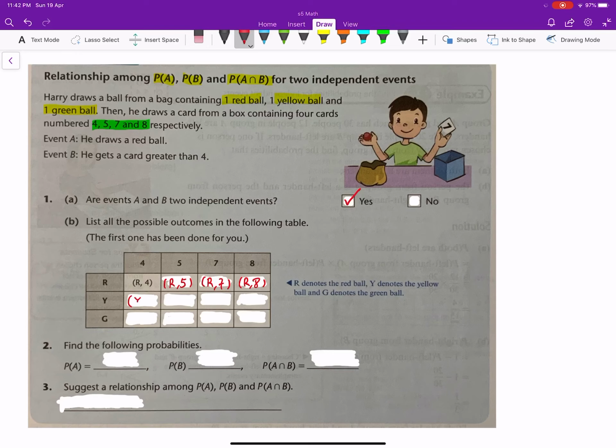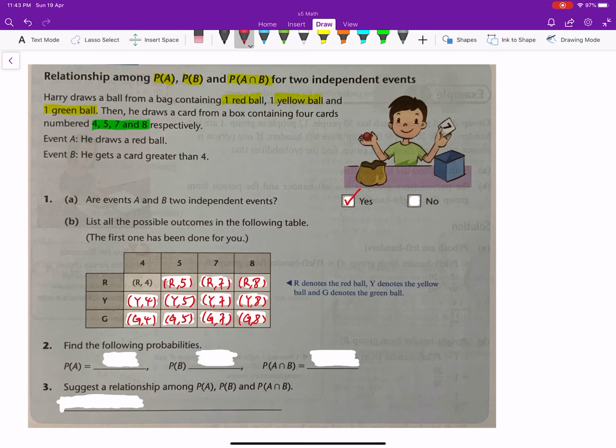And for this one you will get Y4, Y5, Y6, Y8. And also for the last row. So if we count all the possible outcomes, there are 12, right?